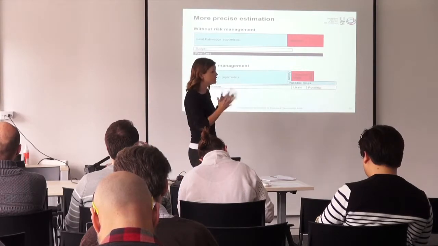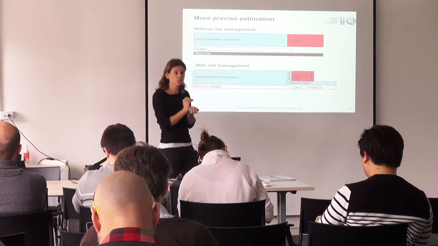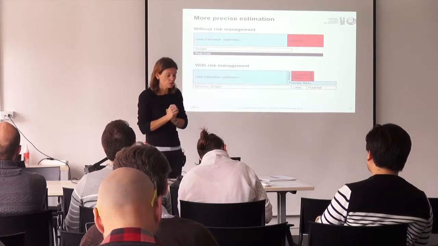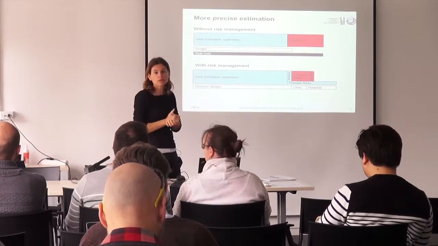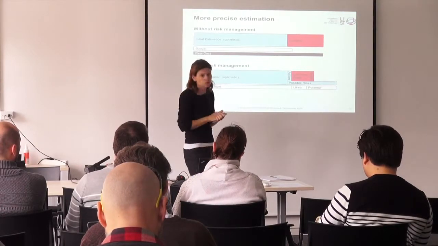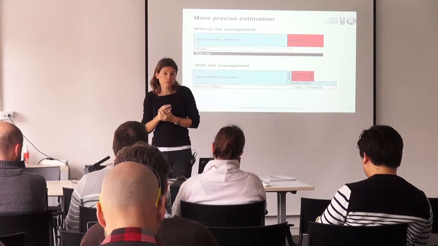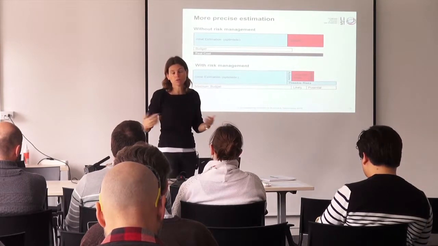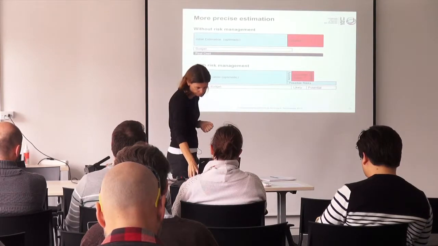So dedicating part of your project budget to actions to reduce the risks, you're better at the end in the overall estimation of your entire budget for the project. So at the end you have fewer surprises in the comparison of your actual costs compared to the budget you had.